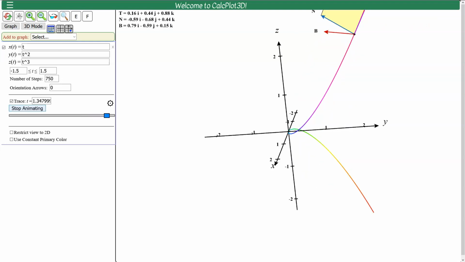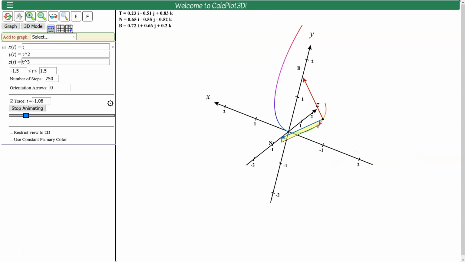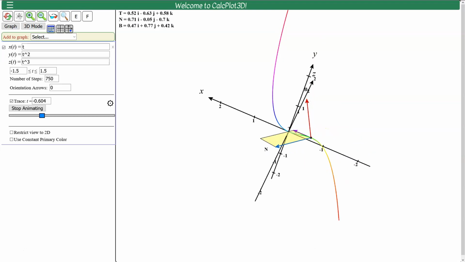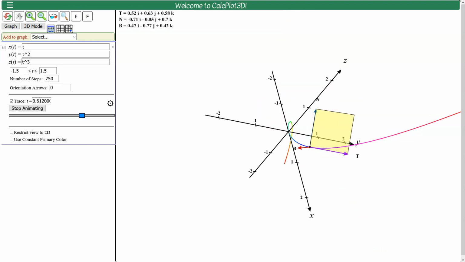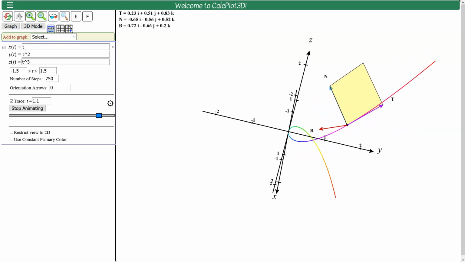Maybe look at it one more time, from a slightly different perspective, kind of looking from below. It goes, and off it goes, that way. Okay, so that's what that one looks like.